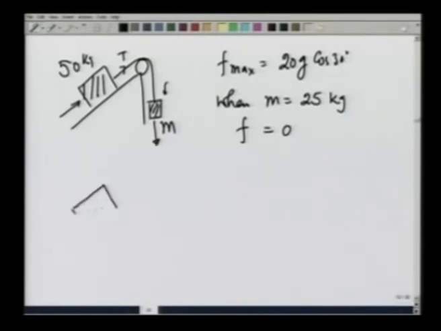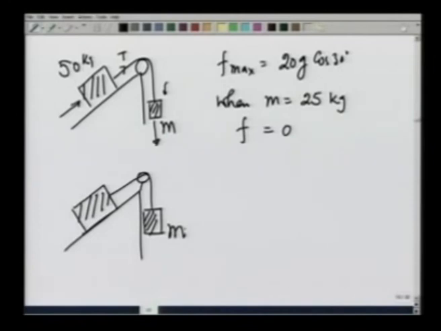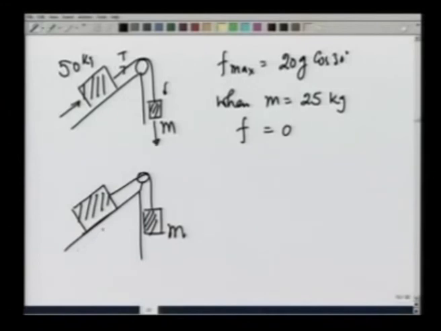So, the other limit of this whole scenario is going to be, have this pulley, that if I increase this mass m, it tends to pull the 50 kilogram mass up, and therefore, if I go beyond 25 kgs, this mass has a tendency to move up, and therefore, the frictional force on this would be in the opposite direction. The question we ask now is, up to what value of m can I go so that the system remains in equilibrium?